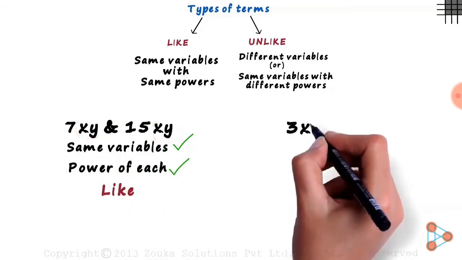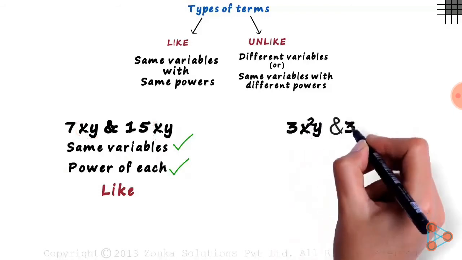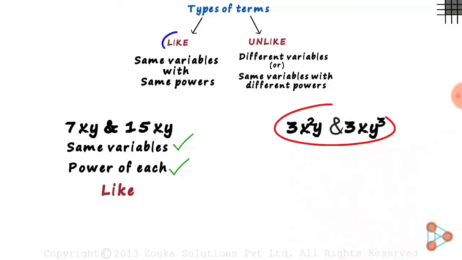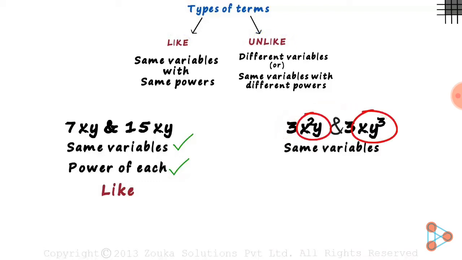Same variables and same powers of each variable. What about 3x squared y and 3xy cubed? Are they like or unlike? Both the terms have the same variables x and y. Now let's compare the powers of each of the variables. Let's look at the power of x first. In the first term, it's 2, and in the second, it's 1.